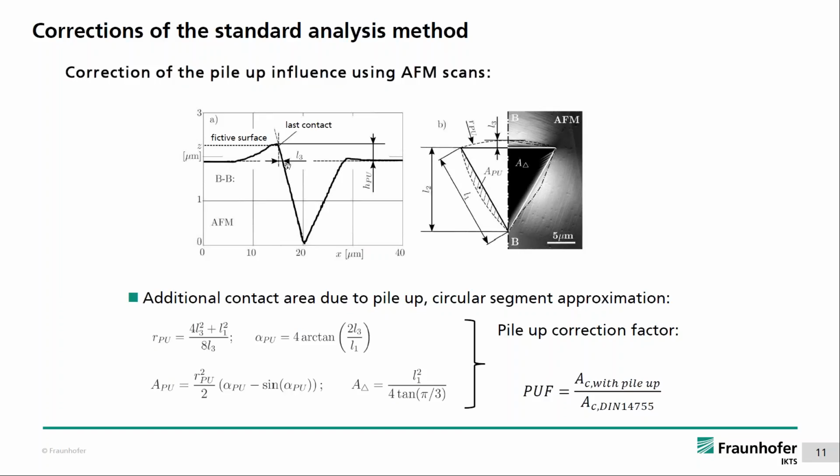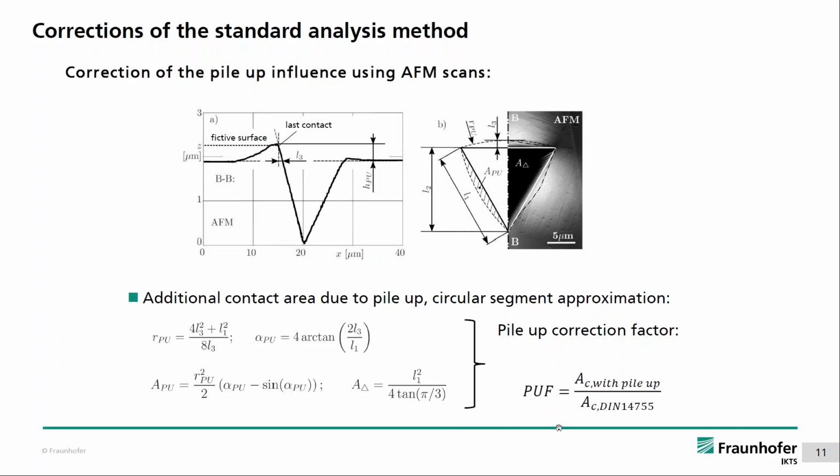You can correct for this in the easiest way if you're doing a pre-AFM scan and measure the additional areas here. So this triangle here is the area the standard treatment assumes, and the dotted dashed line is the real contact area, and then you have this additional area here.